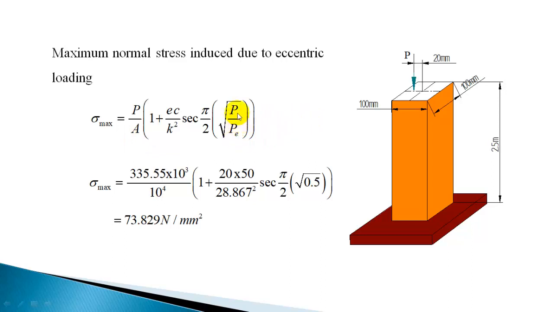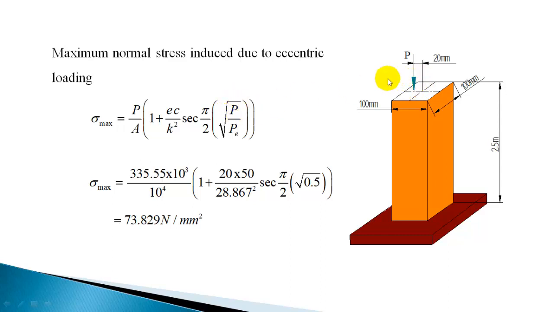After finding the Euler's buckling load, the load applied on the column is the allowable load. Allowable load is PE by 2, and that allowable load is applied at a distance of 20 mm from the geometrical axis.